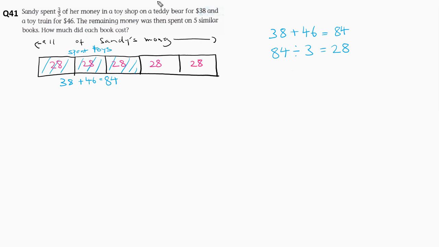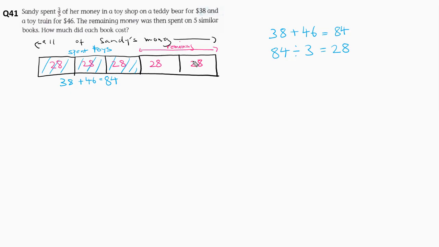Okay, we've captured a lot of information here. Now, it says the remaining money. Make sure we know what that is. This is the remaining money, which was spent on 5 similar books. And we're asked how much each book cost.